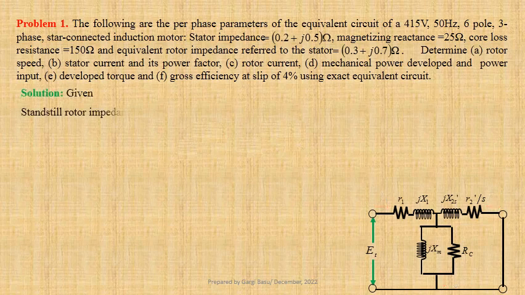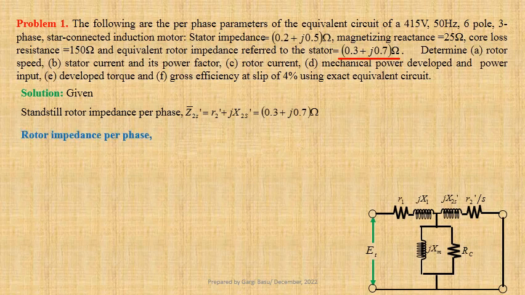Standstill rotor impedance per phase referred to the stator Z2S' equals R2' plus jX2S' equals 0.3 plus j0.7 ohm. For a particular slip S, rotor impedance per phase referred to the stator Z2' equals R2'/S plus jX2S'.